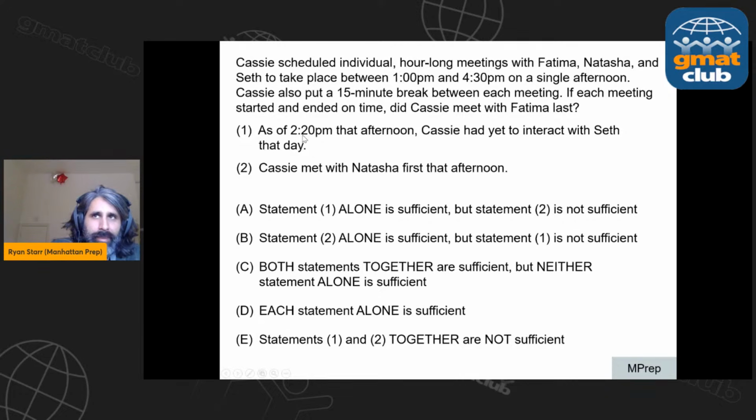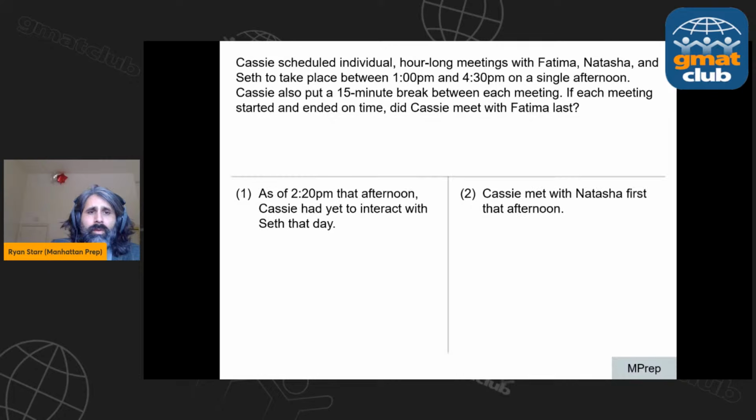So what are the possibilities for statement 1? Well, if at 2:20 p.m. Cassie had yet to interact with Seth for the day, you can kind of write out the time slots like this. You know, you're going to have 3 meetings. You know, you're going to have 15-minute intervals between them. And you know something about the timing of those 3 meetings as a result, right?